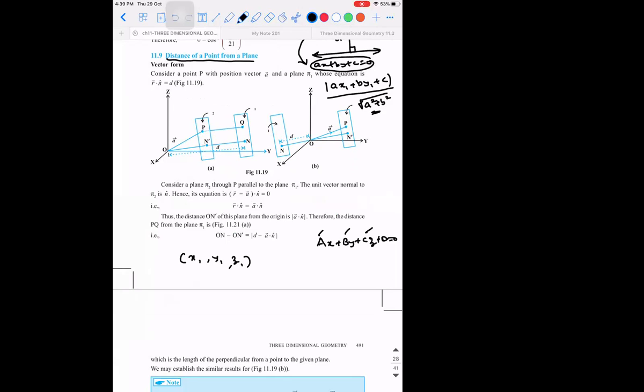Tell me what will be the answer. Modulus of ax1 plus by1 plus cz1 plus d, divided by root over a square plus b square plus c square. That's the answer. That is the perpendicular distance.